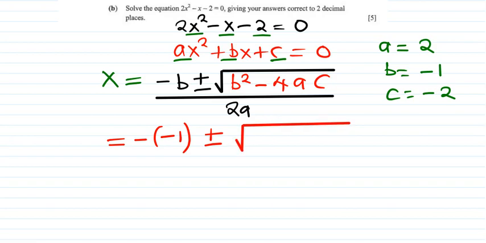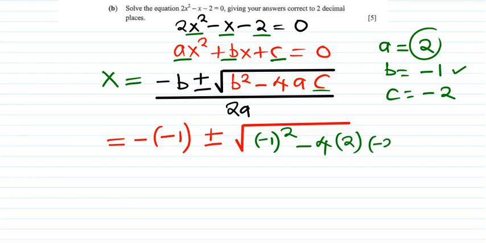What is our b? Our b is negative 1, so it will be negative 1. In the equation it reads b squared, so b to the power 2, minus 4, our a is 2, and then multiplied by c, which is negative 2.